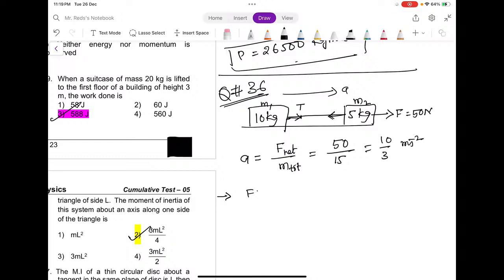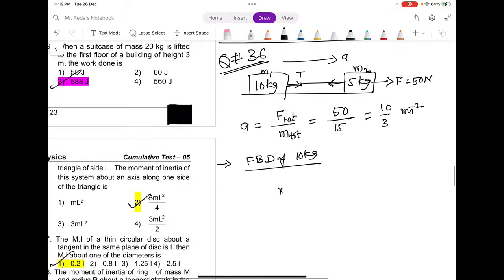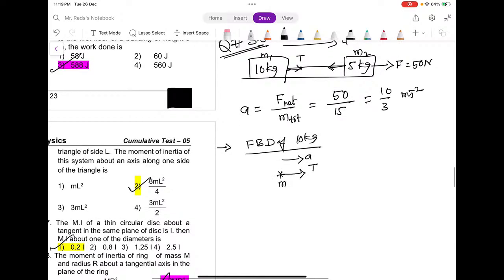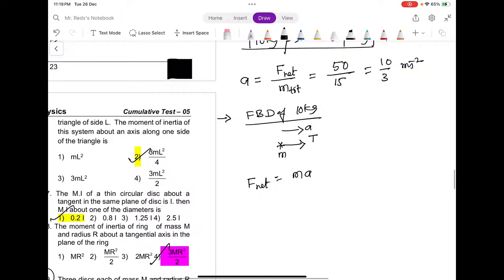For the free body diagram of the 10 kg block, you have to mark it as a point object, its mass is 10 kg, and the only force on this is the tension in the string. Because of that, it is moving with an acceleration to the right. So the equation of motion for this object is net force equal to mass times acceleration. Here net force is tension only.